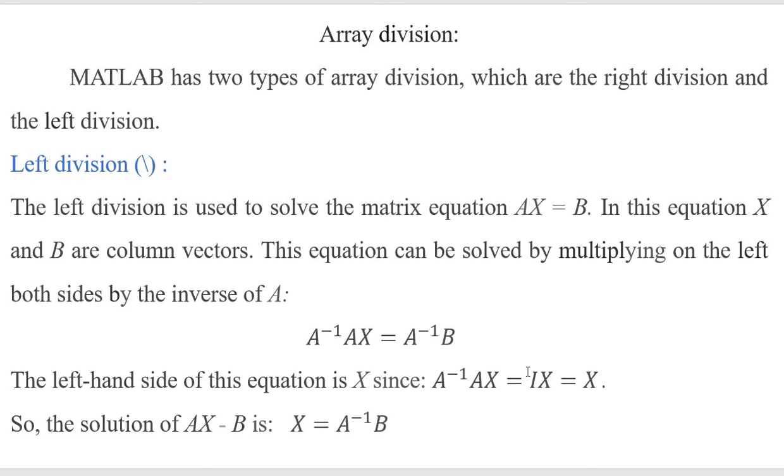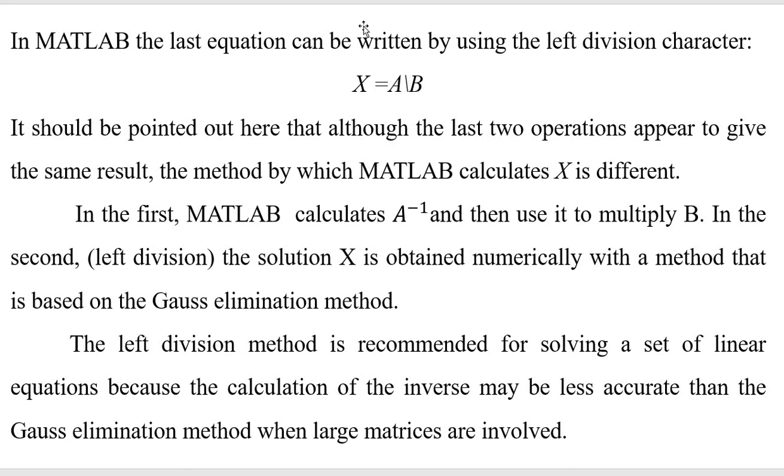So the value is I x, which is X. Therefore we write the solution as X equal to A inverse into B. Any mathematics student knows that for an algebraic equation Ax equal to B, the solution is X equal to A inverse into B. This is where the left division is performed. In MATLAB, the left division character gives X equal to A left divided by B.